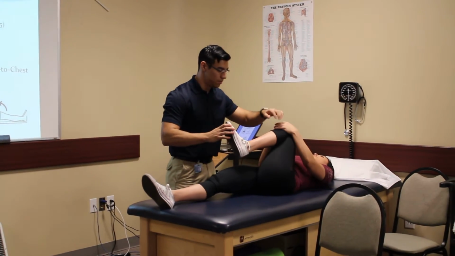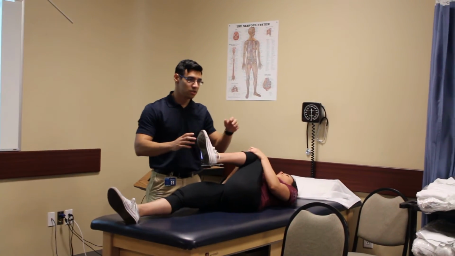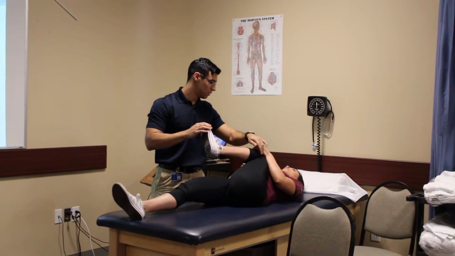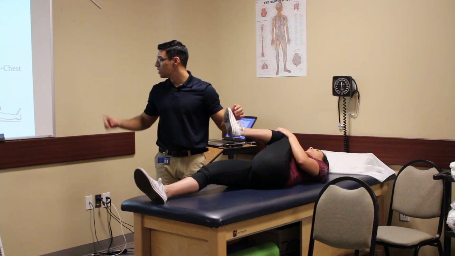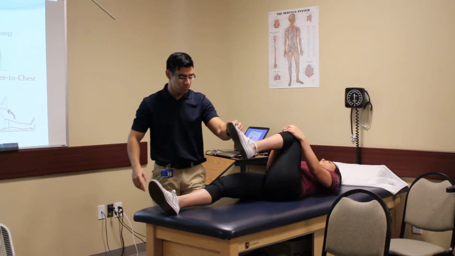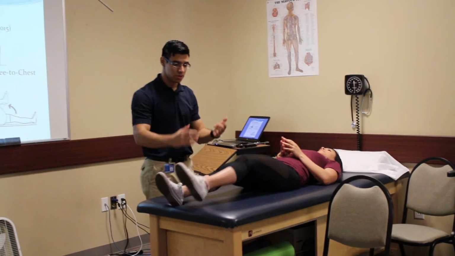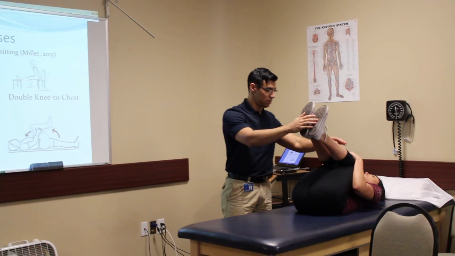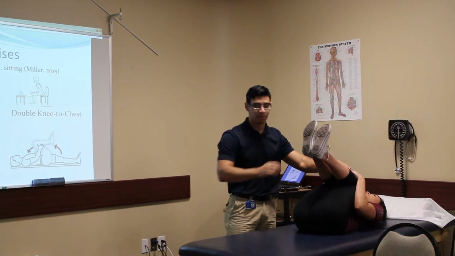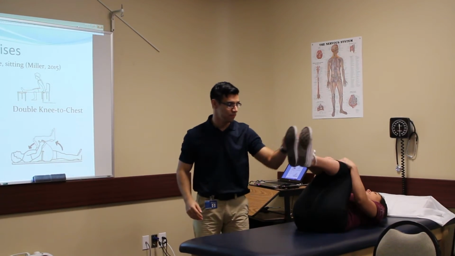She's going to start feeling the stretch on this side. Let me know when you feel that stretch. Good. And of course, the double knee to chest, which is bringing both knees to her chest, and she's going to feel some relief in the back. Good? Awesome. Go ahead and bring the feet down.